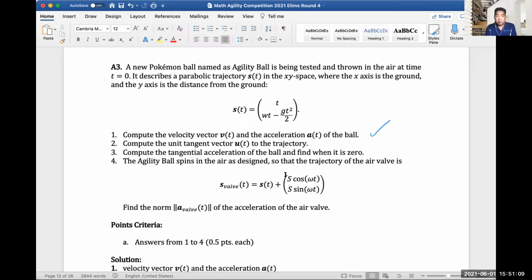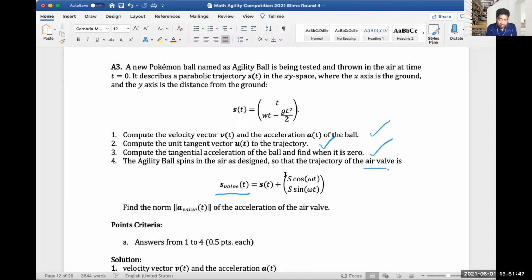Second, we need to compute the unit tangent vector u(t) of the trajectory. The third requirement is to compute the tangential acceleration of the ball and find when it is 0. The fourth requirement: the agility ball spins in the air as designed, so the trajectory of the air bulb is s of t plus the vector s cosine omega t and s sine omega t.